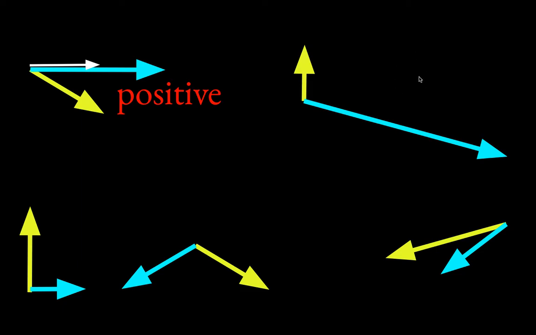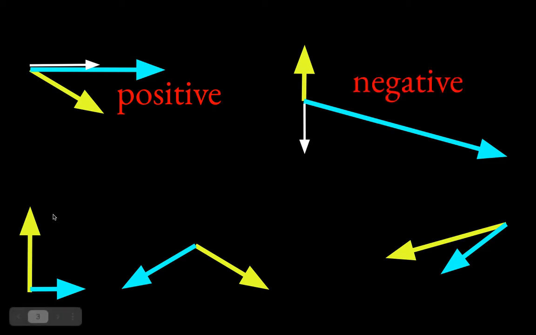If you look at this top right case, that dot product is going to be negative because this blue vector, if you take its shadow along the yellow vector, you can see that it has a component that is against the yellow vector. And so that's going to be a negative dot product. In the bottom left here, those two vectors are perpendicular, and so that's not going to have any dot product at all. It's going to be 0 dot product.